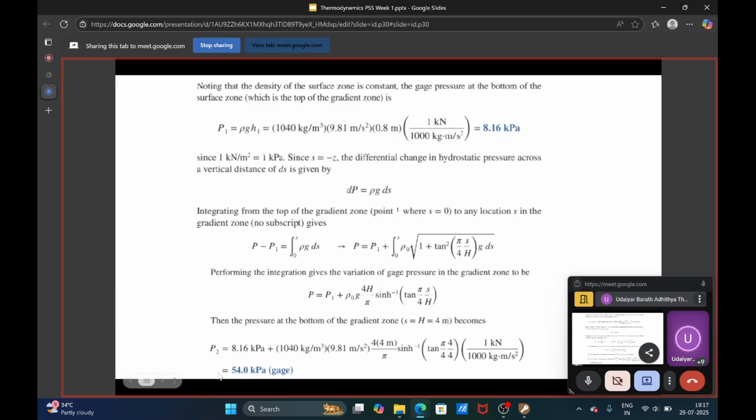Substituting that, we get P2 as 54 kilopascal. That is the gauge pressure acting at the bottom of the solar pond. The only tricky part was the density, which is varying, so we had to integrate it over the height.